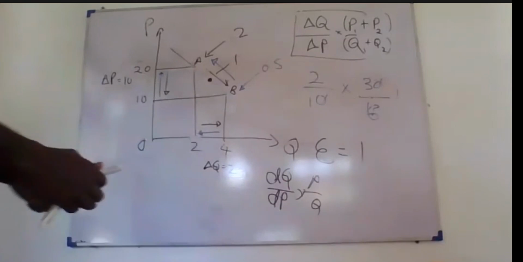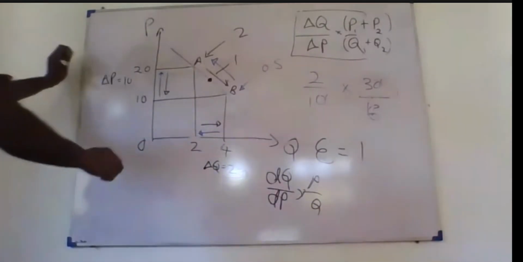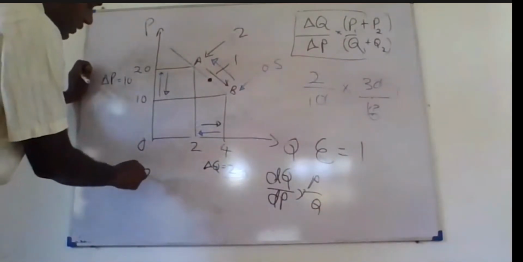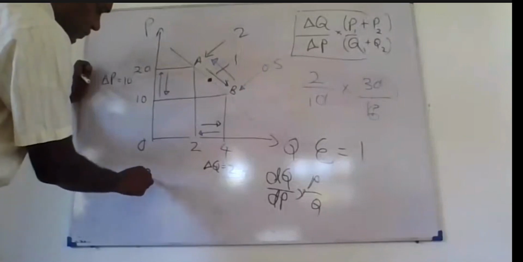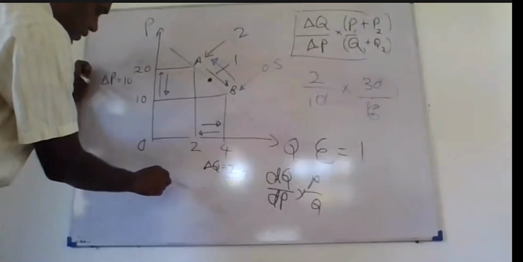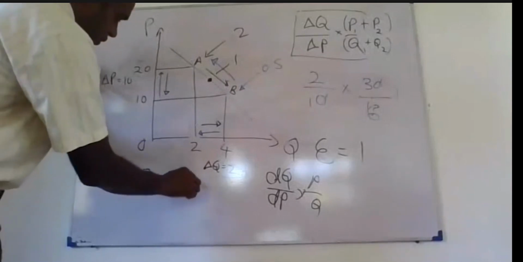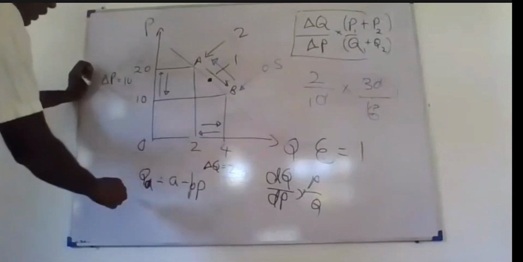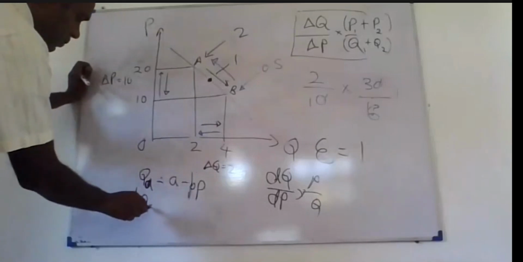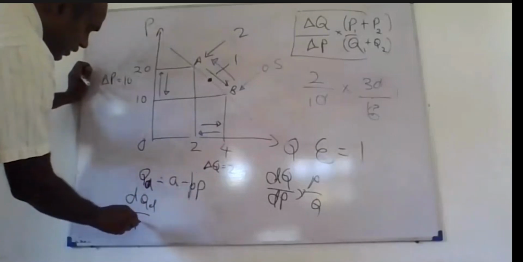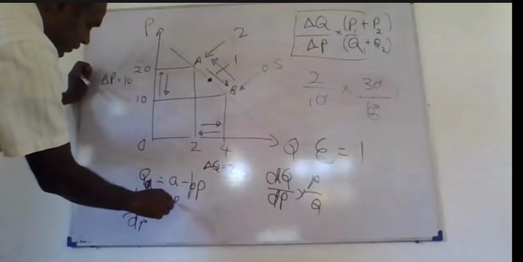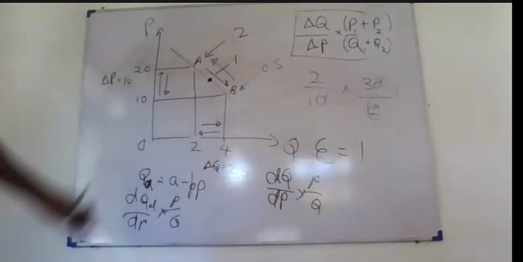So we only need the demand equation. If we have the equation like Q equals A minus bP, then you can get dQ by dP as minus b, multiplied by P by Q. So you get the elasticity.